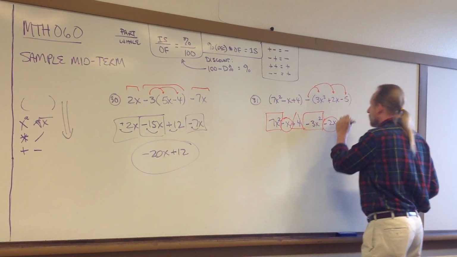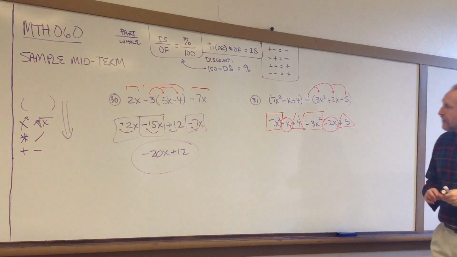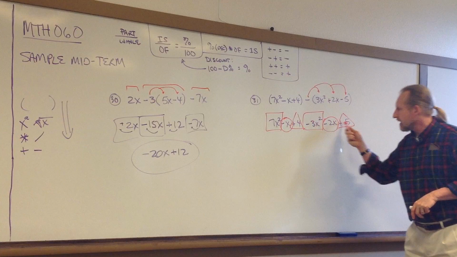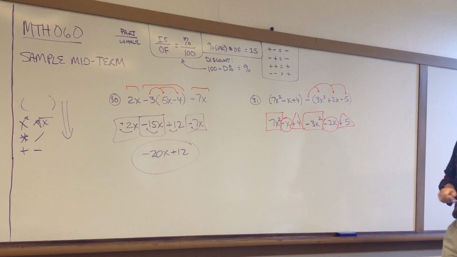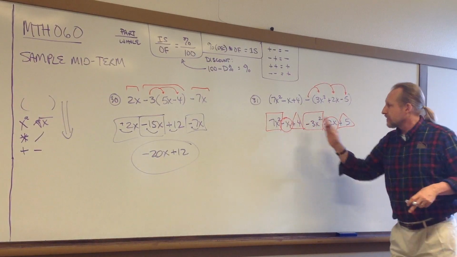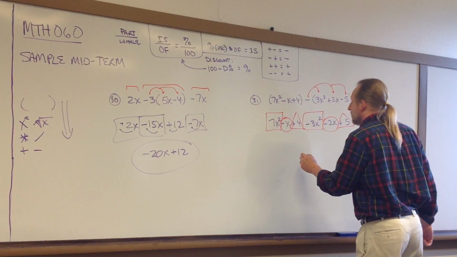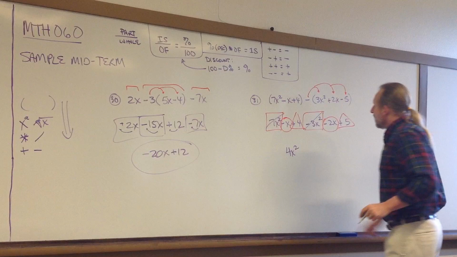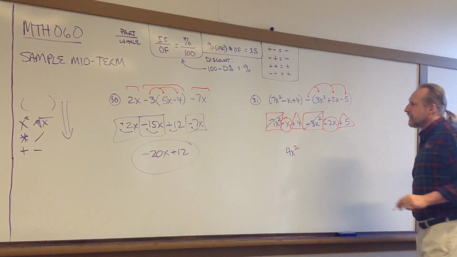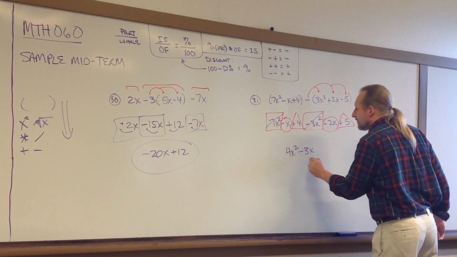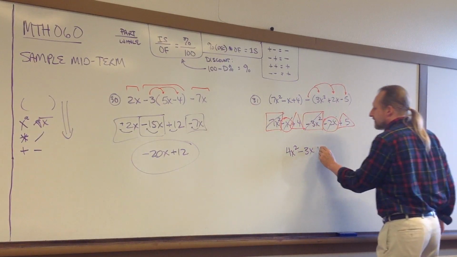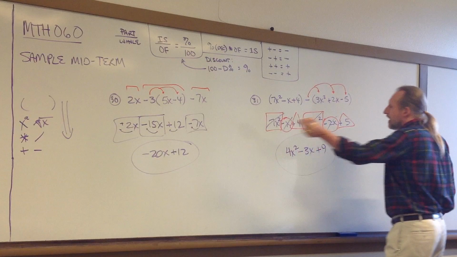We've got 3 different kinds here. We've got the x squareds, the x's, and the constant pieces. All right? And so, 7x squared minus 3x squared is 4x squared. Good. Negative 1x and negative 2x makes negative 3x. And then positive 4 and positive 5 makes positive 9.